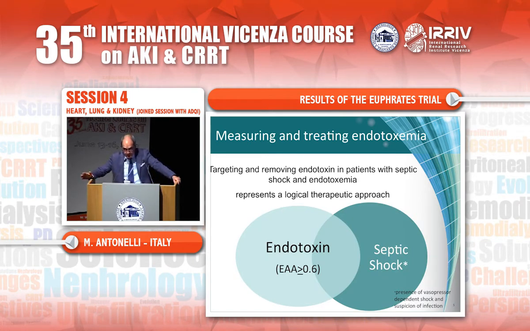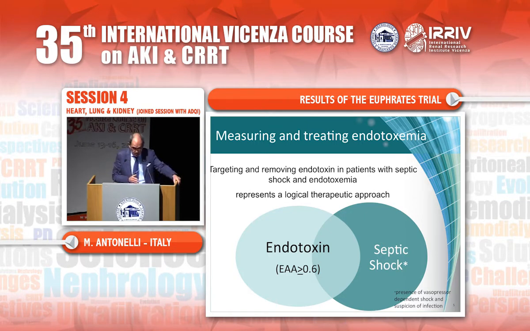One important point is that when we have a mediator, it's important to have a tool to measure it. And if we want to illustrate a means to remove endotoxin from the body in patients with septic shock, this has a fundamental issue and represents a logical therapeutic approach.